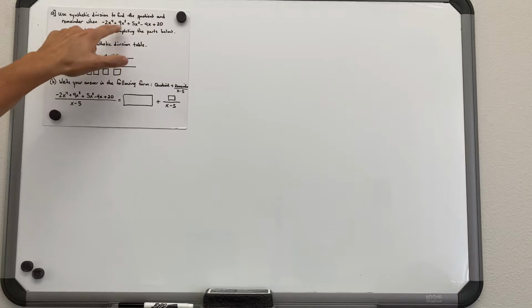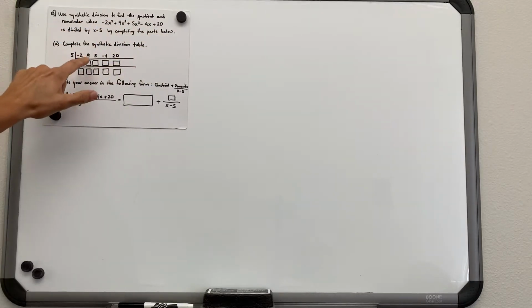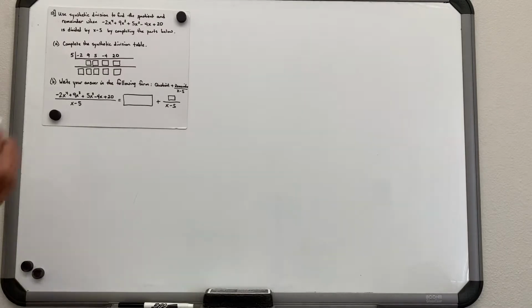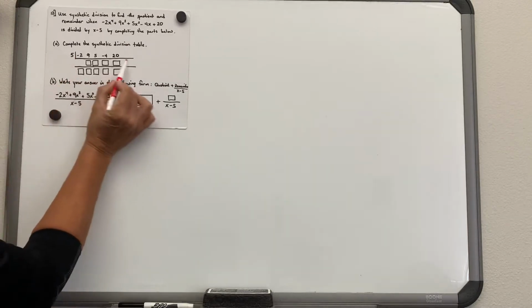So I've got x to the 4, 3, 2, 1, 0, so they're all there. So I would put negative 2, 9, 5, negative 4, 20. And I know I draw mine upside down. For synthetic division, a lot of books do it that way, and I like it better than doing it right side up because it gives me this nice bar here.